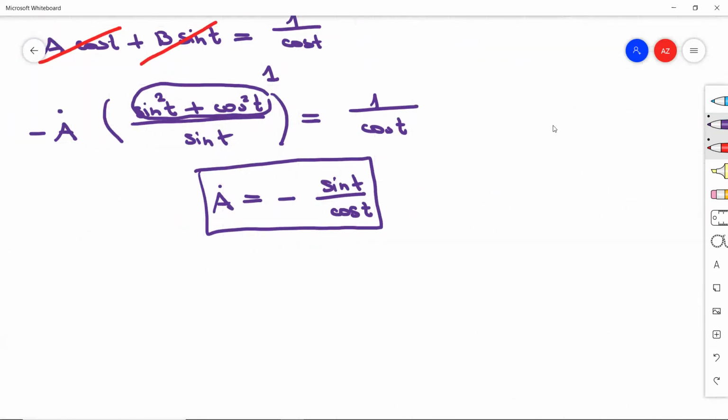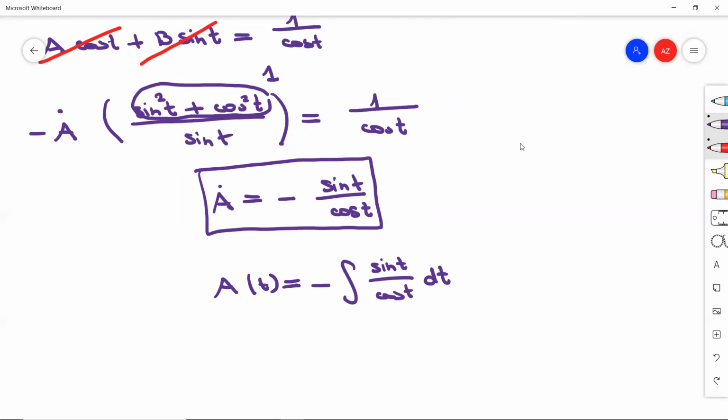You see that it's quite a lot of computation, but in fact, we can do it to the end. So what's then a of t? A of t is the integral of the right-hand side. So on the right-hand side, we have the integral of tangent, but how to integrate this?